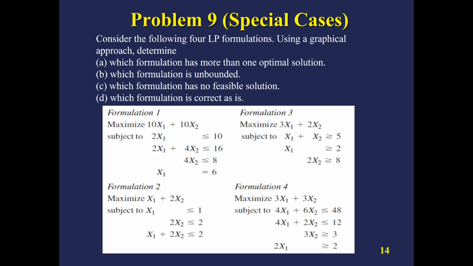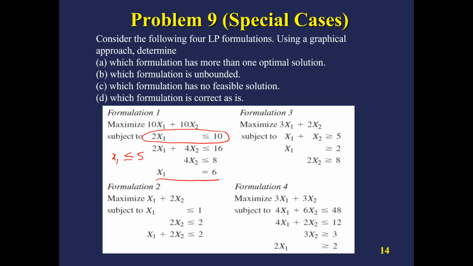Let's look at formulation 1. We have the formulation here: 2x1 less or equal to 10, 2x1 plus 4x2 less or equal to 16, 4x2 is less or equal to 8, and x1 is equal to 6. Now the first constraint is telling us that x1 is less or equal to 5, but the last constraint is telling us x1 is equal to 6.